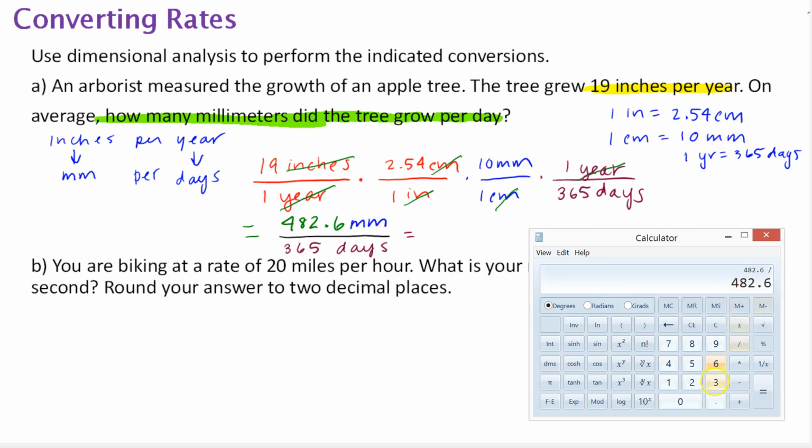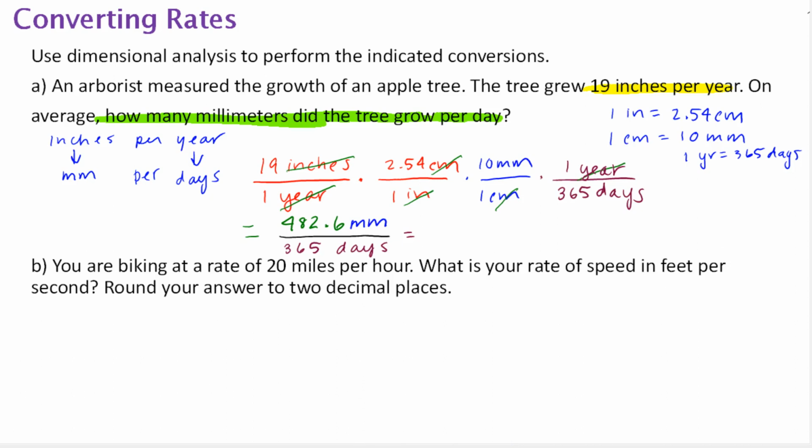So 482.6 divided by 365 gives us to 2 decimal places 1.32, and the units, millimeters over days, is millimeters per day. And we can write that as a ratio, but in our final result, this is typically how we write the answer. Okay, let's look at the next one.